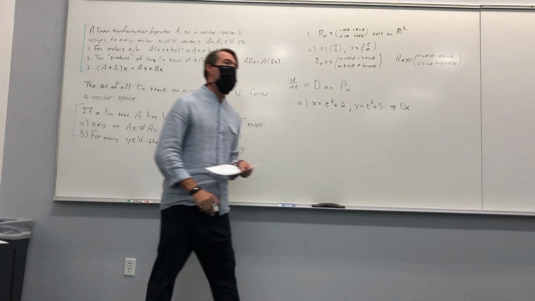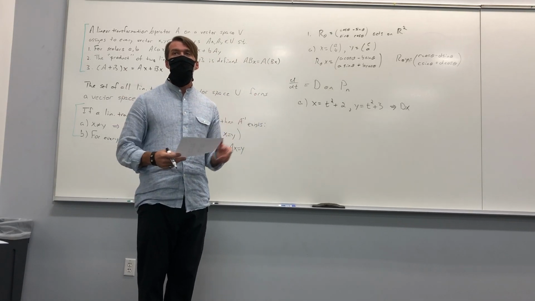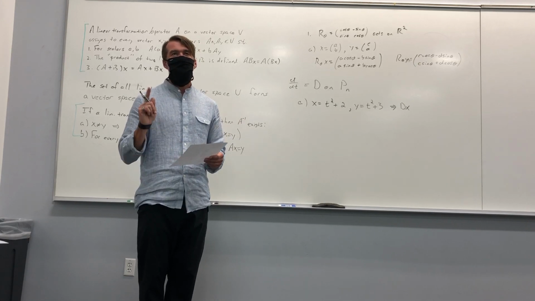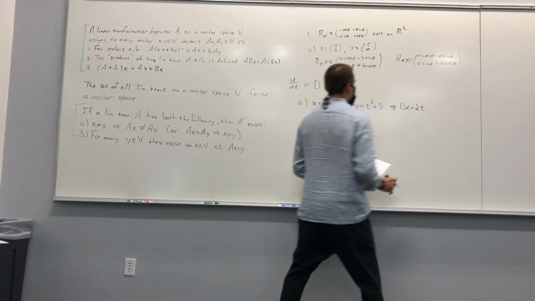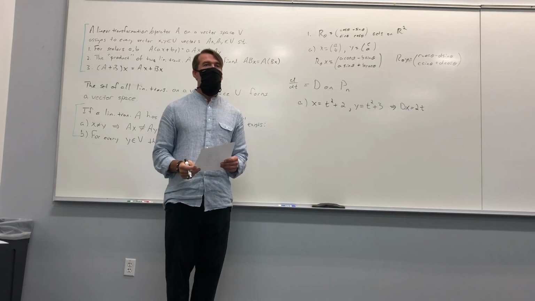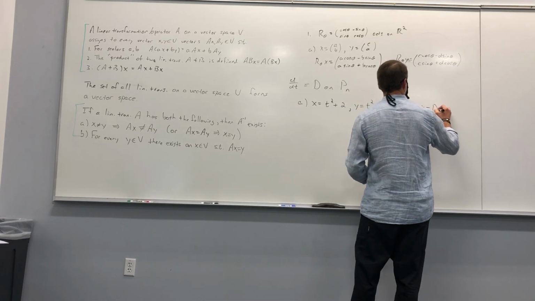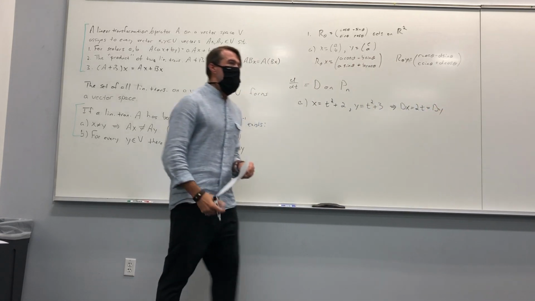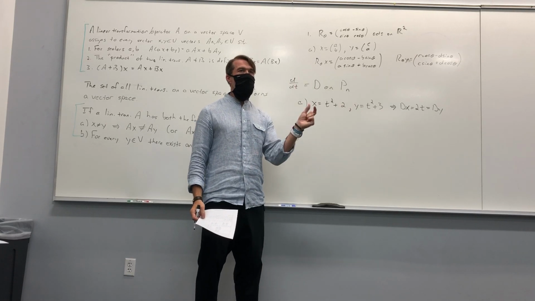That's 2. My bad. You said the right thing, now say the right thing based on what's on the board. 2t. What about Dy? It's also 2t. So the linear transformation acting on these two vectors gives me the same result.